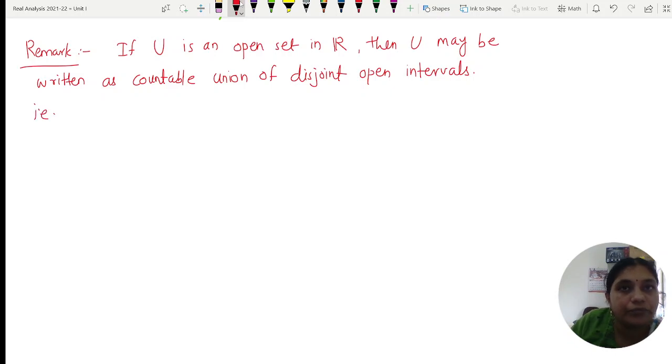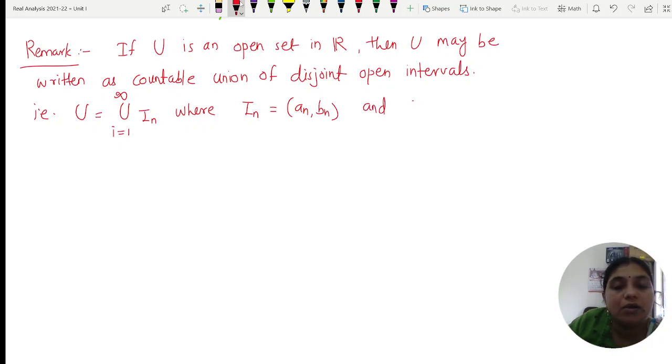That is, U is equal to the union over n from 1 to infinity of In, where In is an open interval (an, bn), and they are disjoint: In intersection Im is empty for all n not equal to m.